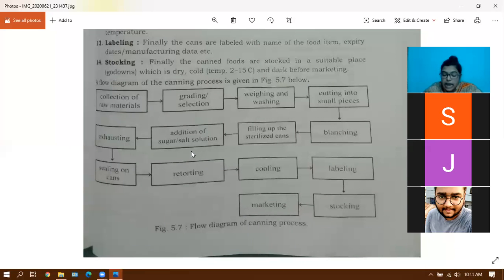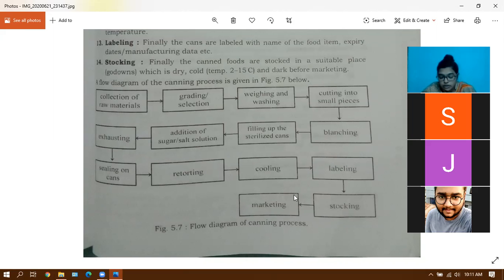If the foods are not acidic, that means the pH above 7, this type of food is heated at 121 degrees Celsius for 1.5 hours to 2 hours. And the food items that are acidic are heated at 90 to 100 degrees Celsius for 30 minutes. And in this process, all microbes in the can are destroyed.